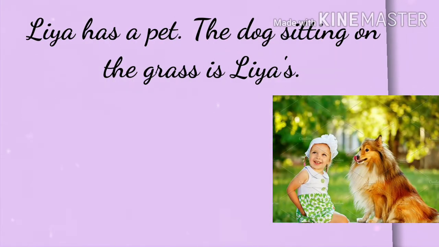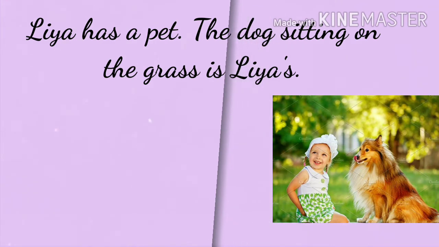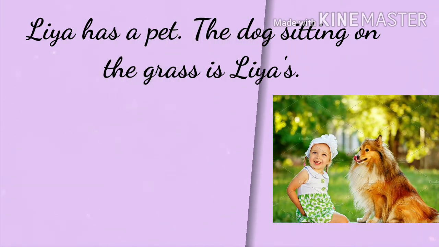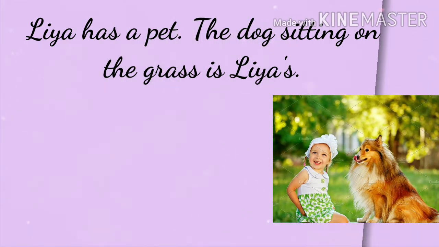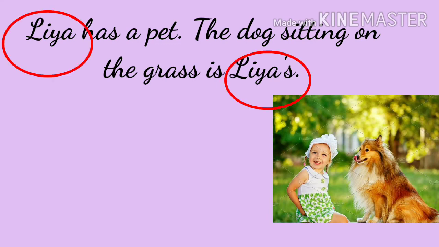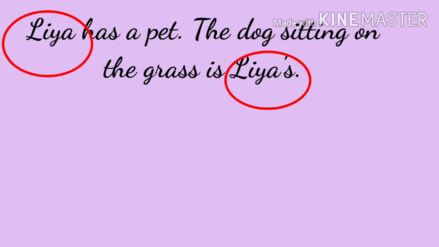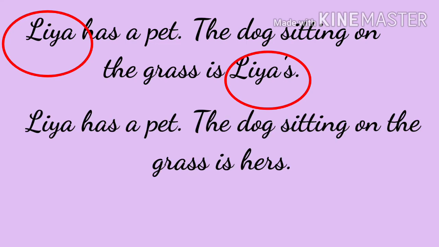Now read this example. Leah has a pet. The dog sitting on the grass is Leah's. Children, is there any noun repeated here? Yes, here the noun Leah is repeated. So we want to avoid that repetition. So we add a possessive pronoun.